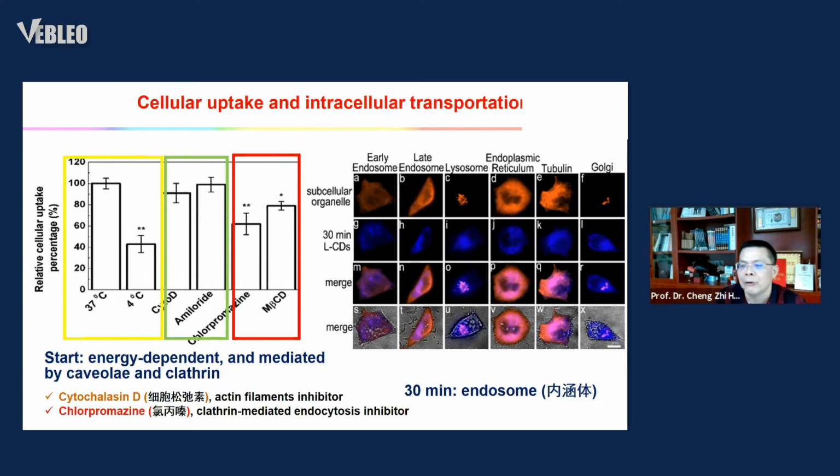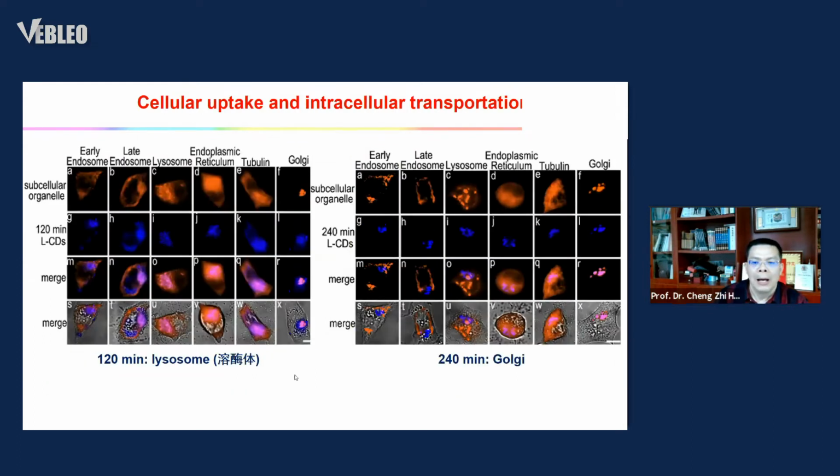For example, at the third minute, L-type carbon dots had a relatively high overlap ratio with the early endosome. At 120 minutes, a number of L-type carbon dots were in the late endosome and then lysosome.